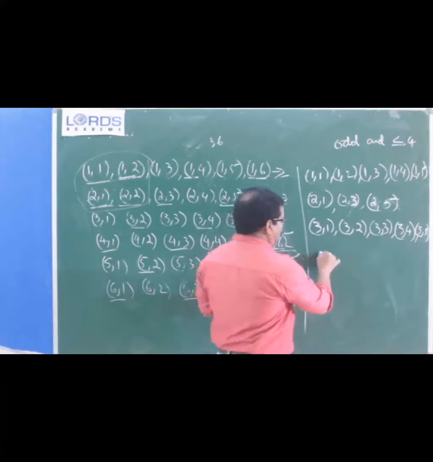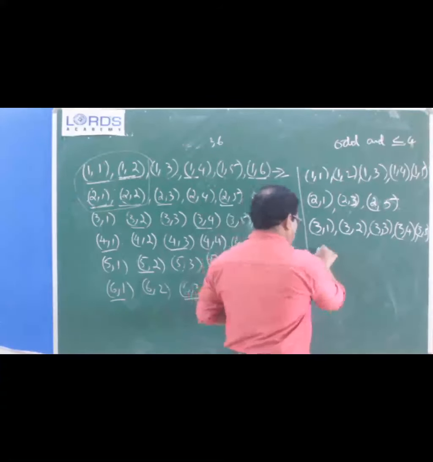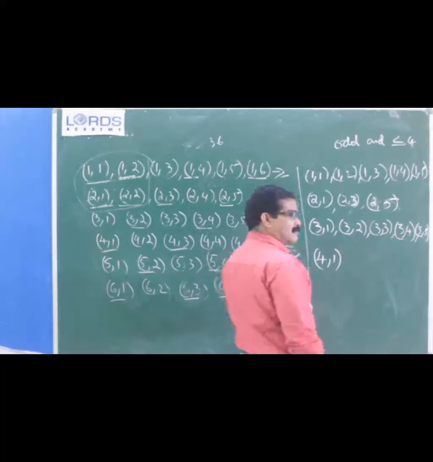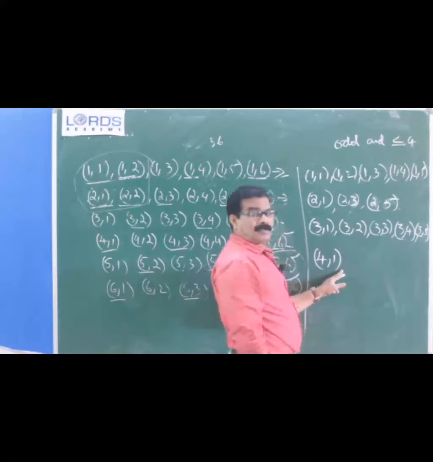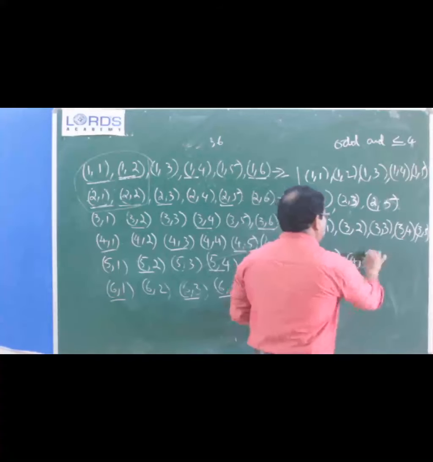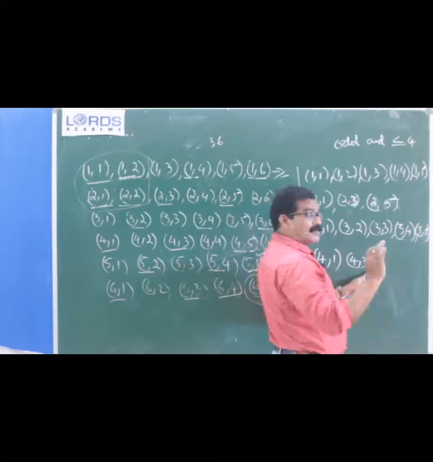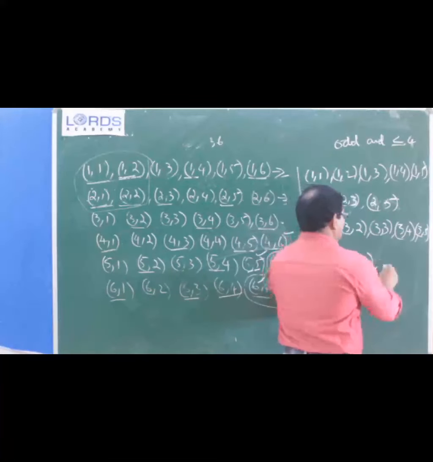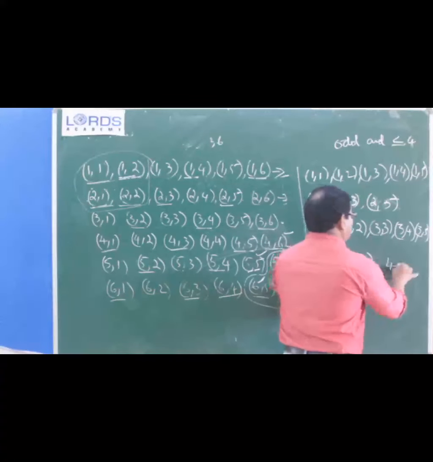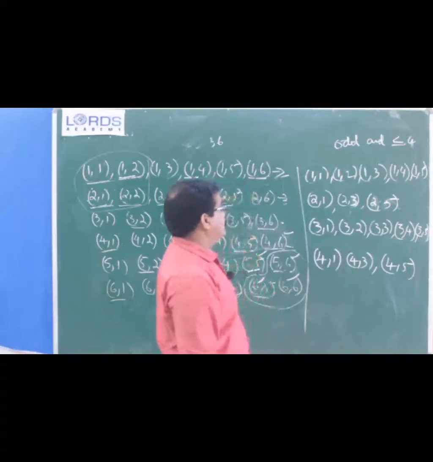Then next one, 4 1. What about 4 2? Not possible, because there is no odd number. Then 4 3 you can take. Then 4 4 we can't take. Then 4 5 you can take.